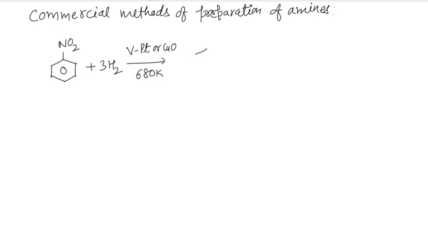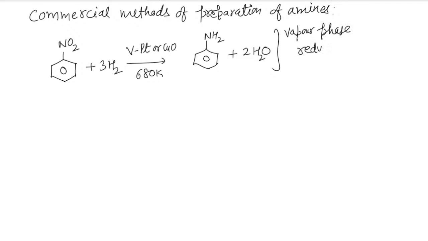Then we get aniline as the product formed in good yield. This is actually known as vapor phase reduction. So from nitrobenzene we get aniline.